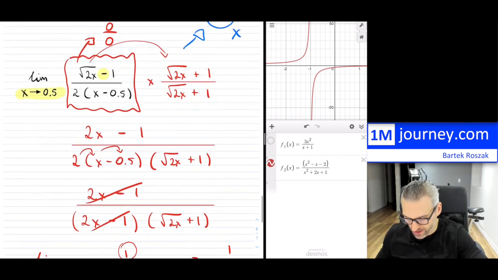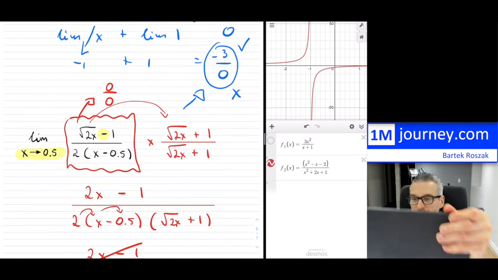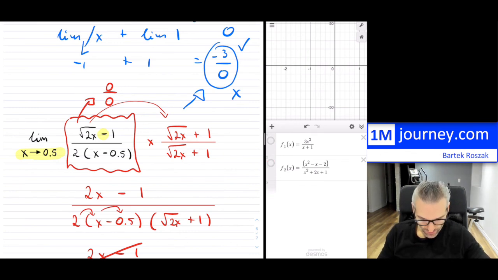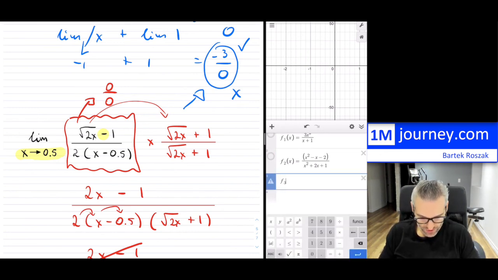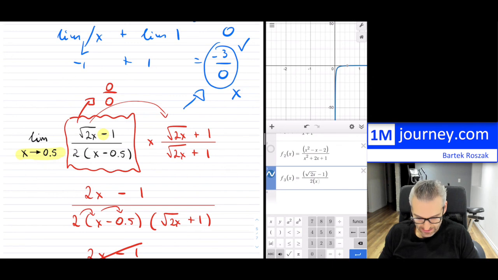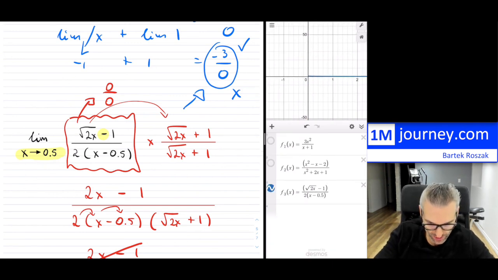Now let's plot this so that we can see how it looks. Let's call this function 3 equals the square root of 2x minus 1, all in brackets, divided by 2x minus 0.5. All right, let's see what this looks like.